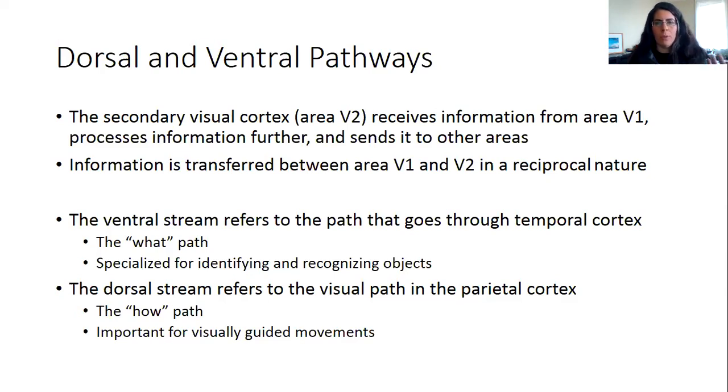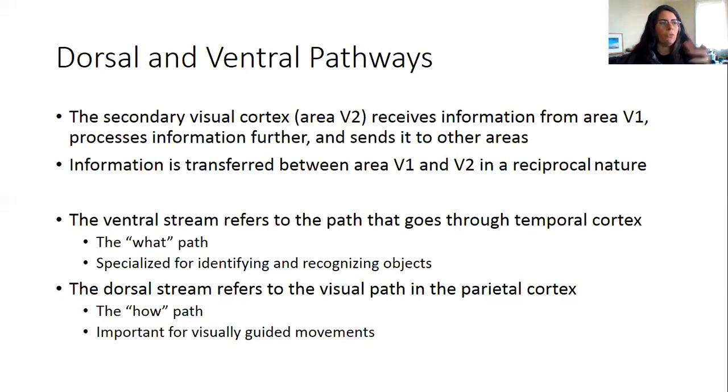So as an example, I can look at my water bottle sitting on my desk. If I'm looking at this and I need to identify what that object is, that's cells in the ventral stream, the what pathway. What is that object?